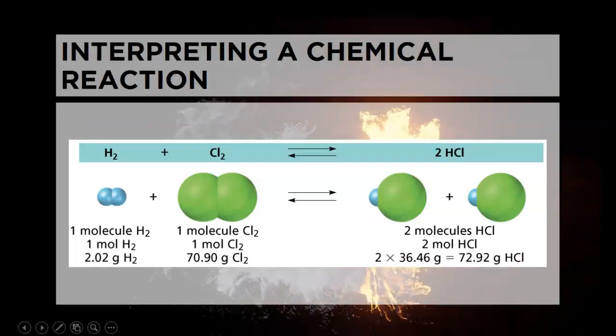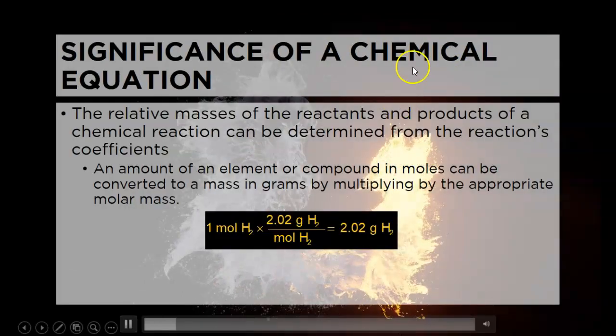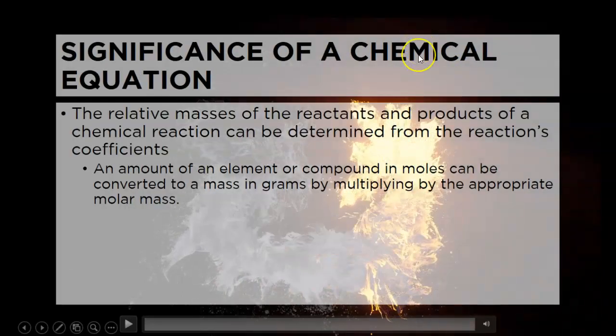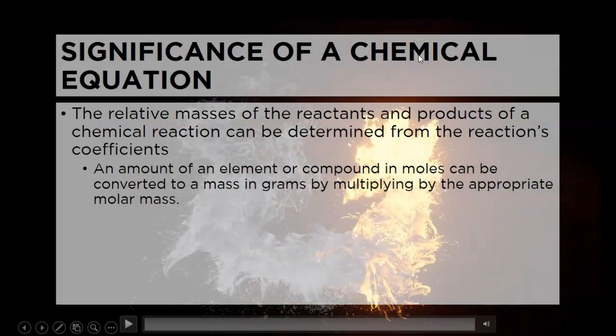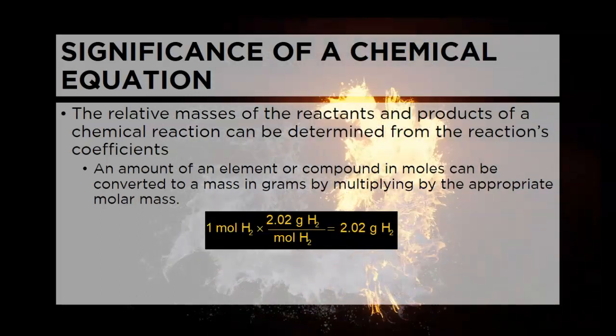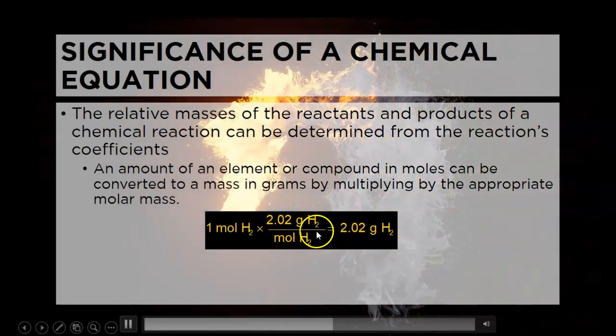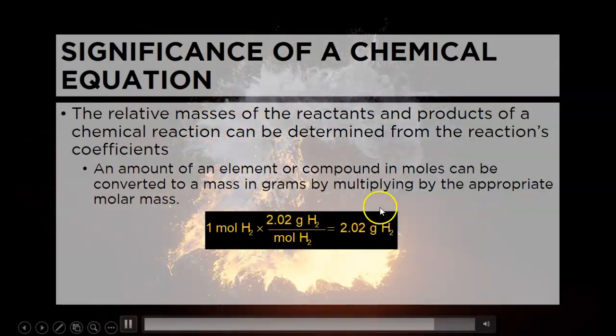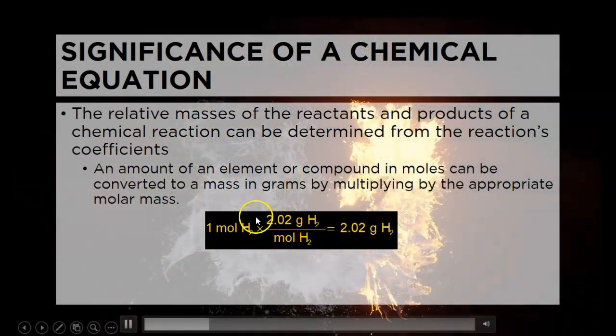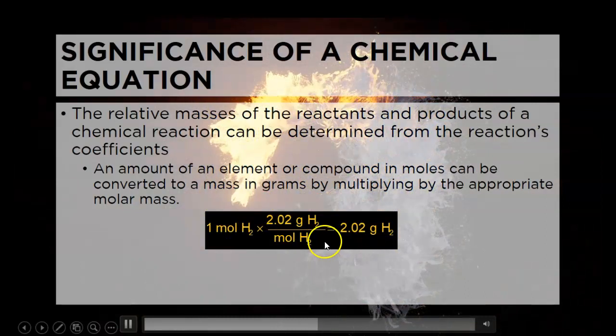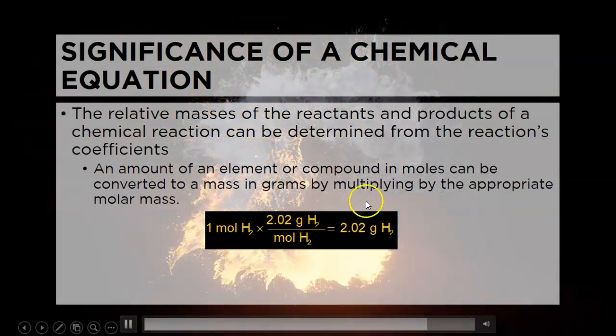If I look at this picture here, again, 1 molecule to 1 molecule gives me 2 molecules, 1 to 1 to 2. But with grams, we can convert moles to grams just like we did before. But it's going to be a totally different number for moles to grams. So 1 mole of H2 is 2.02 grams if we multiply it by the molar mass.